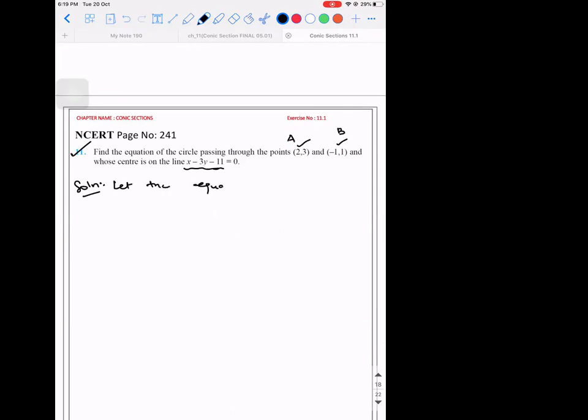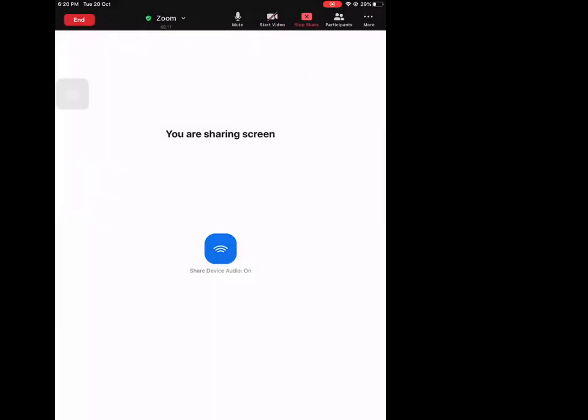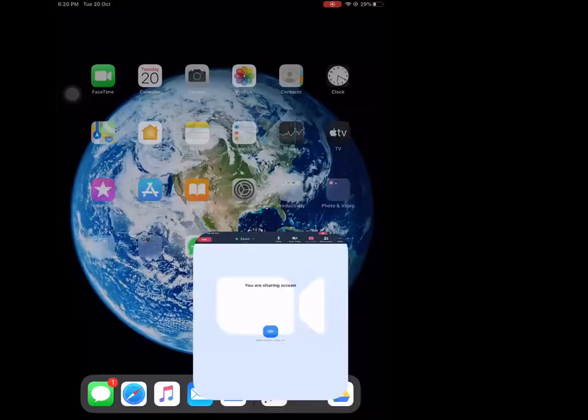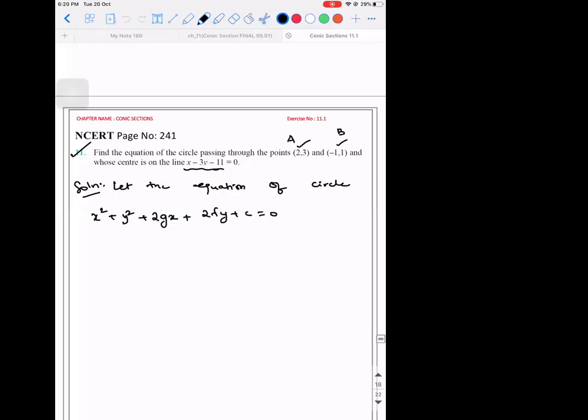let the equation of the circle be, what did we consider the equation of a circle as? x squared plus y squared plus 2gx plus 2fy plus c equals 0.